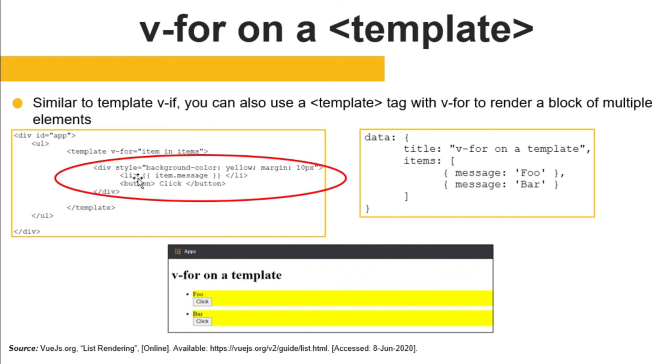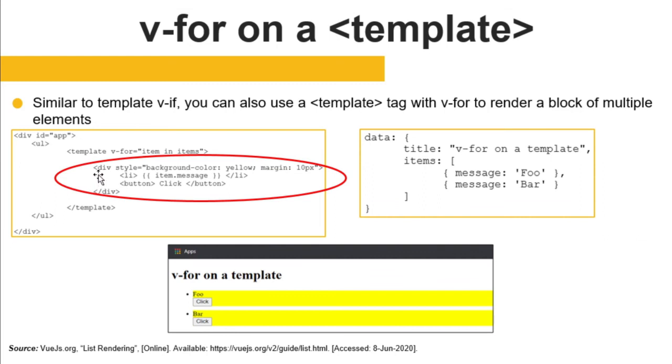So just like this one, applying a simple styling and additional button elements below each li. We use templates so that we can render a group of HTML code inside the v-for directive, just like what we have discussed in the previous lesson. Remember also that template serves as an invisible wrapper. That is why it will not be shown in the HTML document.